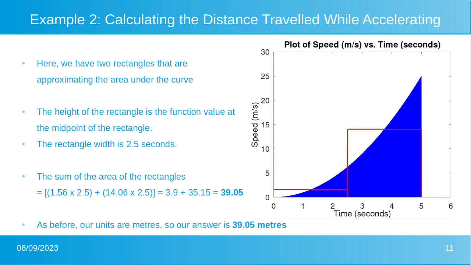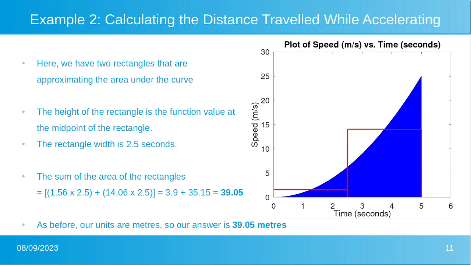The height of a rectangle is the function value at the midpoint of the rectangle. So for that first rectangle, its height corresponds to the speed at the midway point of the rectangle. It's got a width of 2.5 seconds, so its midway point is 1.25 seconds.